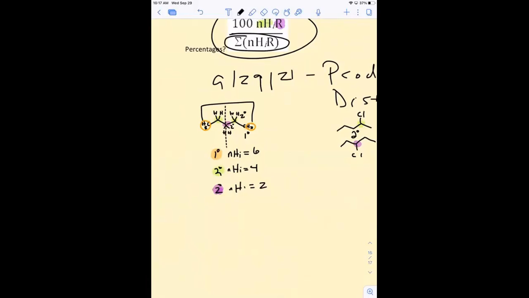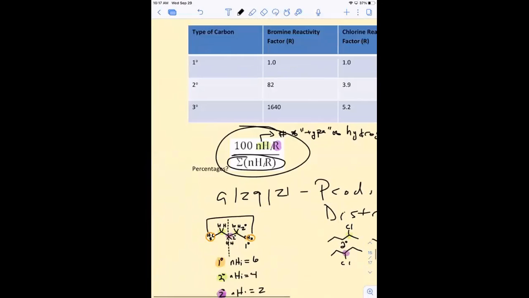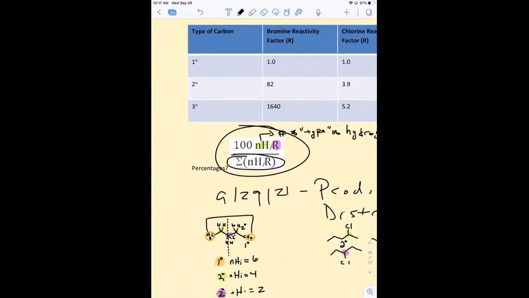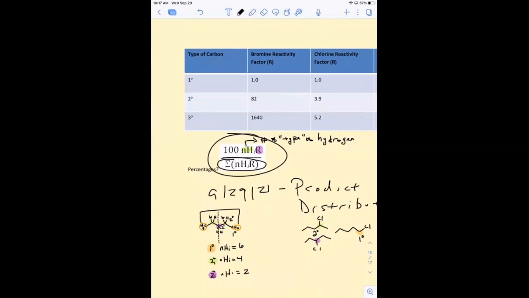All right. And then what's going to change though is R, right? The reactivity factor. And the reason that changes is because the stability of the radical that you get when you pull off an extracted hydrogen from one of those carbons is going to be different. A primary radical is less stable than a secondary. A secondary is less stable than a tertiary.